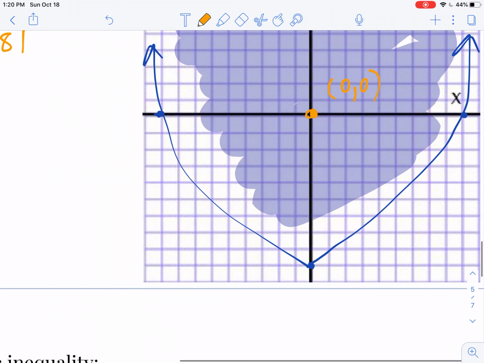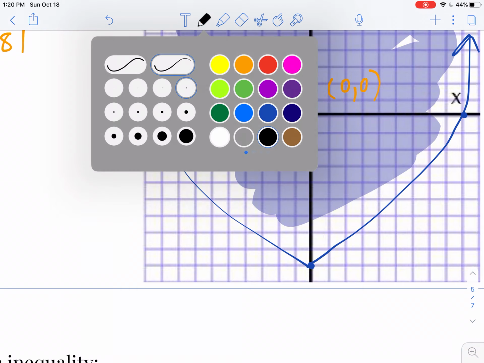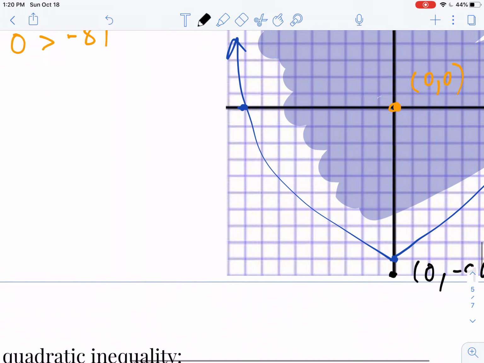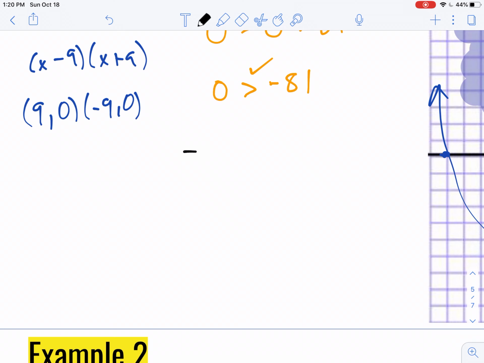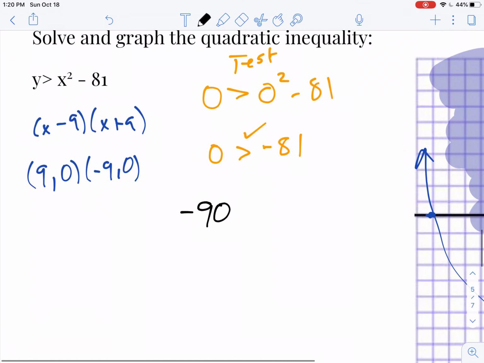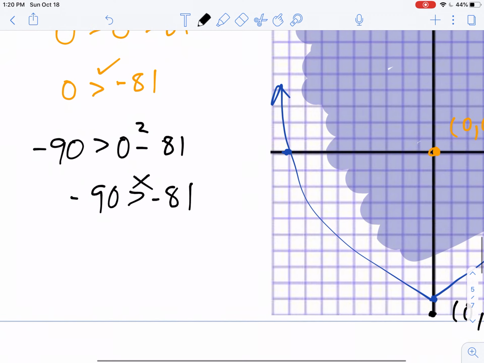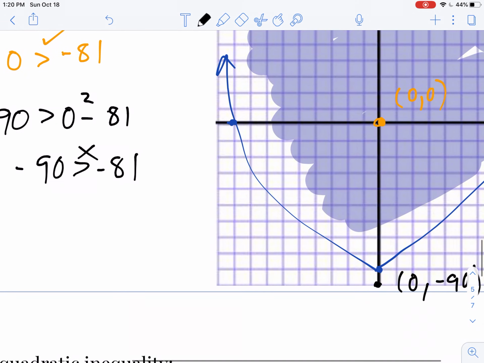Now let's choose another point. I'm going to go with the point 0, negative 90. So now I'm looking at negative 90 is greater than 0 squared minus 81. Negative 90 greater than negative 81. This is not true. This does not work out, so I don't shade below there. Those y values are not greater than this function.